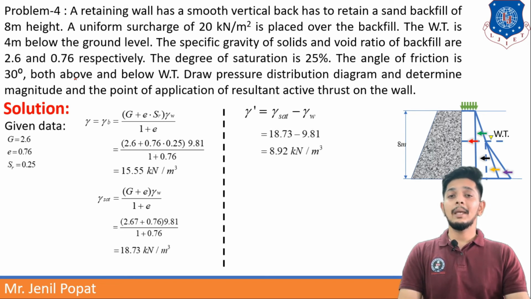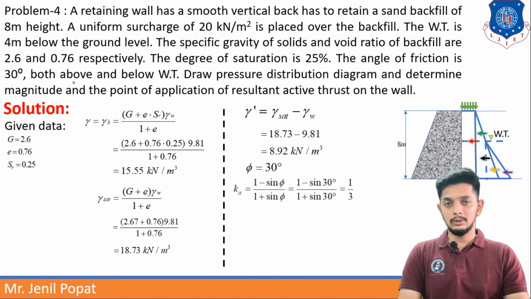Gamma submerged will be gamma saturated minus gamma W, and gamma dash will be 8.92 kilonewton per meter cube. So we got all three unit weights. Now we can begin calculations from part 1 to part 5. Phi is also given, so we can find out Ka also. Here we are discussing only active earth pressure, that is why we are only finding Ka. From phi we can find out Ka as 1 by 3.